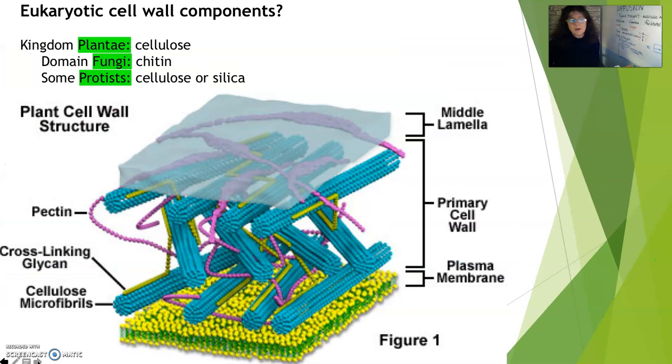Like you notice here, in kingdom plantae, there is cellulose in the cell wall. Those are the blue rods here. In kingdom fungi, there is a material called chitin. In protists, which are not in a kingdom, that could be cellulose, meaning it's very much like a plant, or it could even be silica. But all of these materials are structurally important.